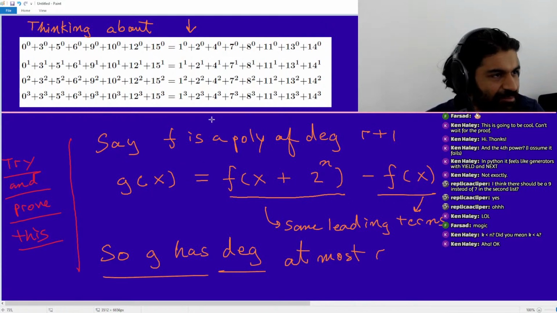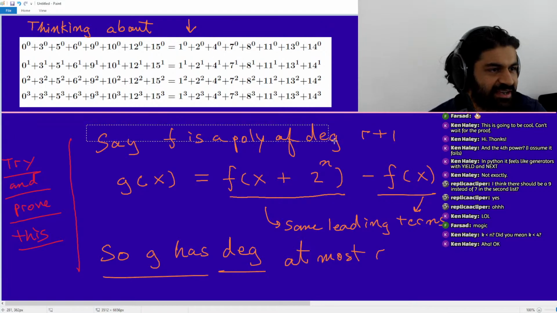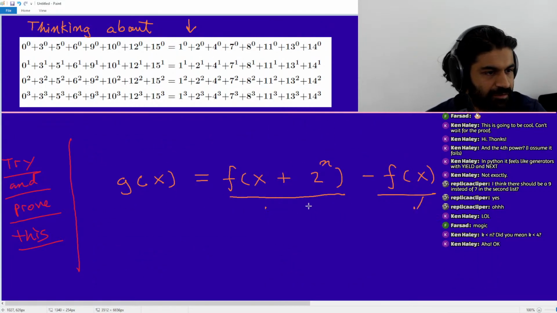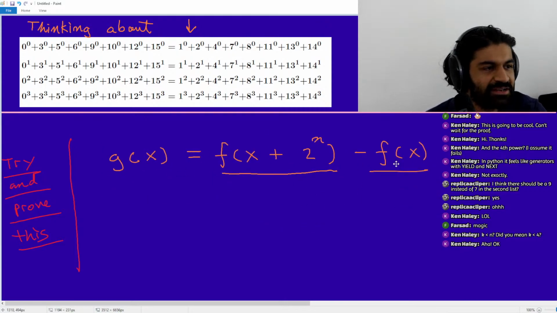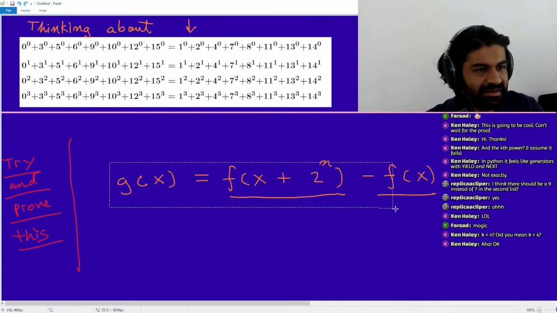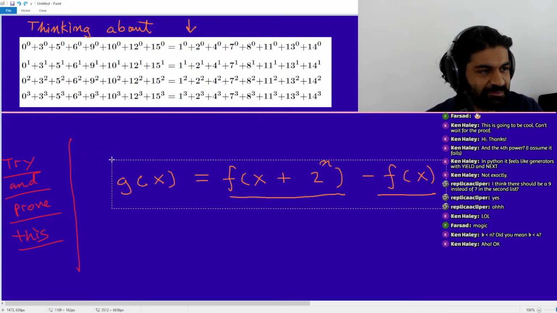I'm going to keep the definition of g up here. So g of x has degree at most r. It cannot have a degree bigger than r.